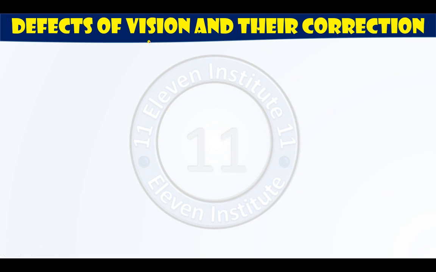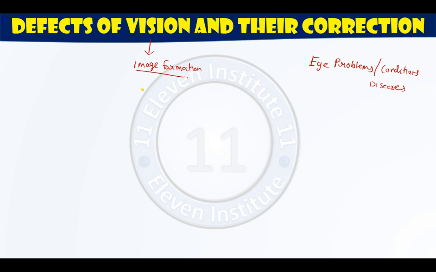Now this is sometimes misplaced or misunderstood with normal eye problems. See, eye problems or conditions or diseases are different from the defects of vision. Defects of vision involve problems with the image formation that is done by the eye.